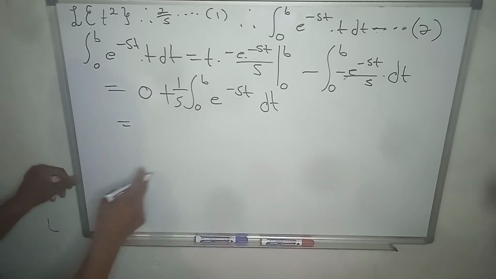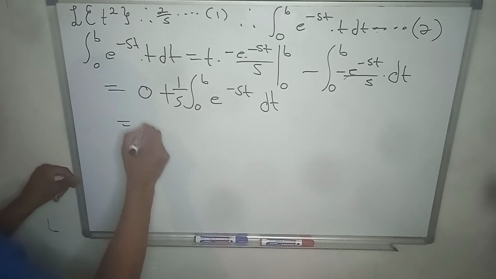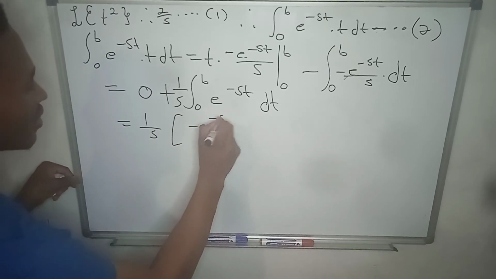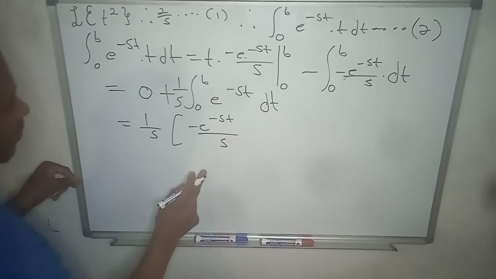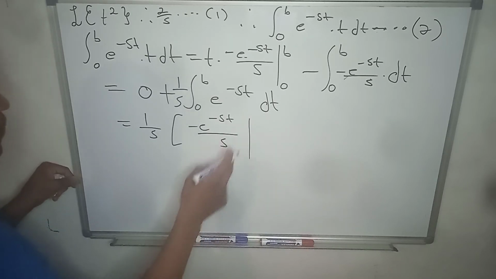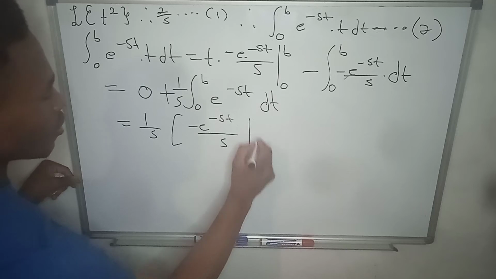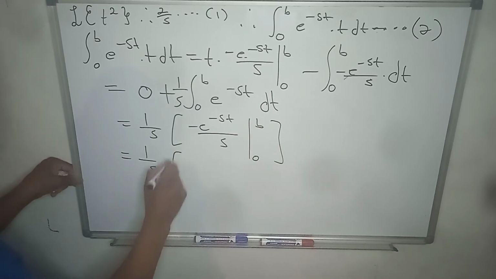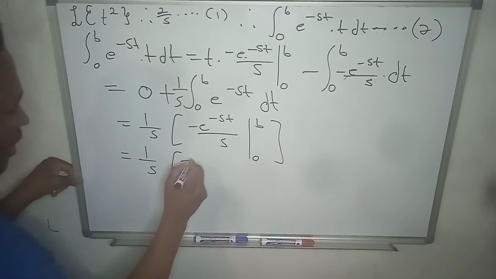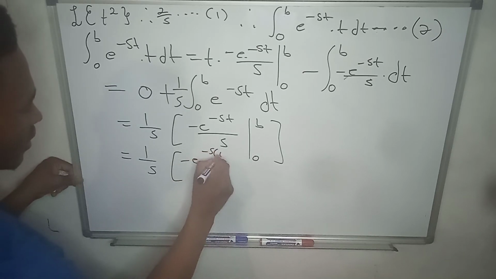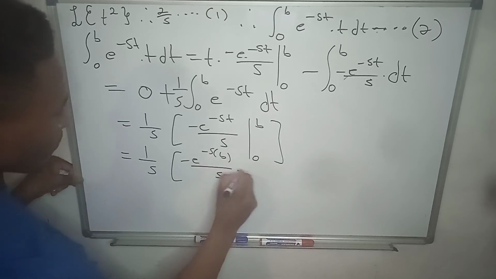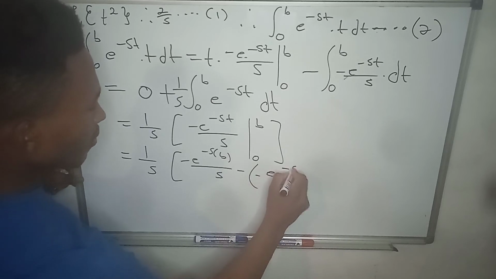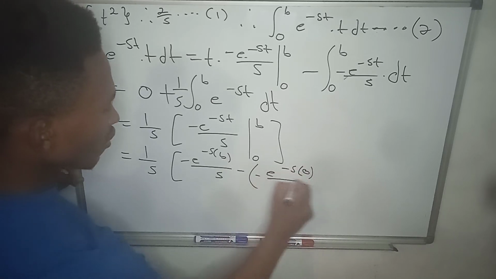So let us integrate this. It will be 1 over s, and the integration of this is minus e^(-st) all over s, with our limit from 0 to b. So minus e^(-sb) over s minus, and minus again, e^(-s0) over s.